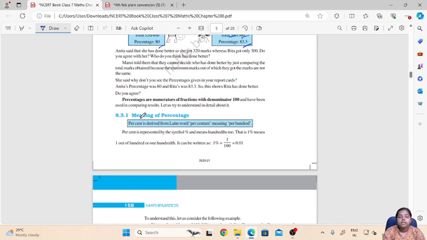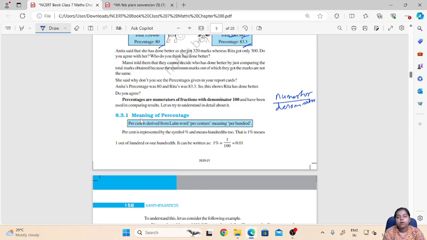So what is percentage? Percentages are numerators of fractions with denominator 100.